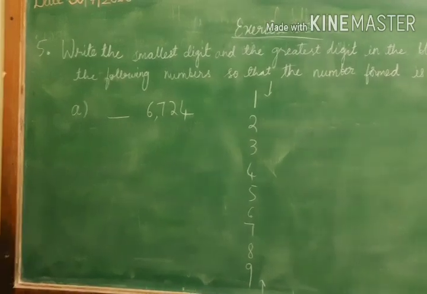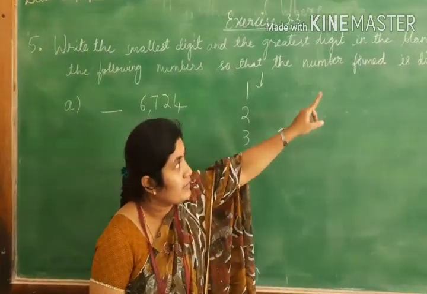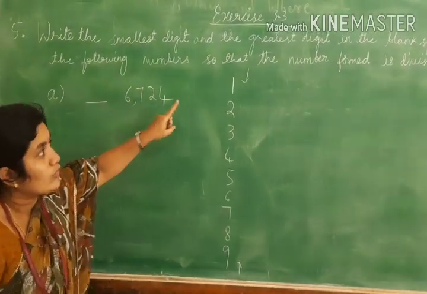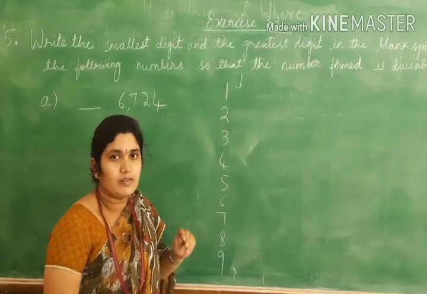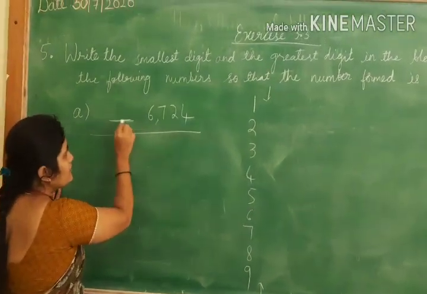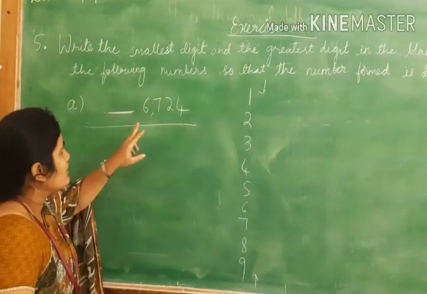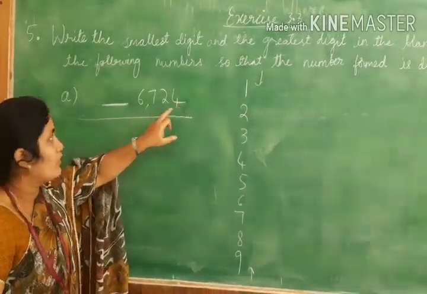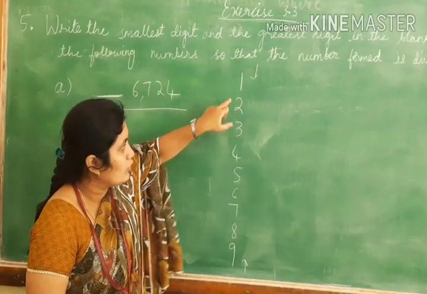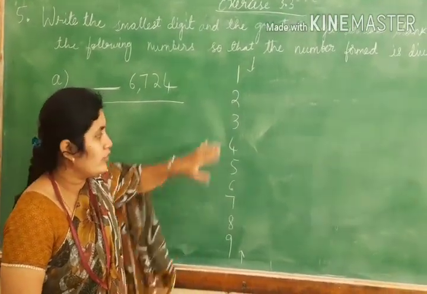Now let us move on to the fifth bit. Write the smallest digit and the greatest digit in the blank space of each of the following numbers so that the number formed is divisible by 3. As you can see here, a number is given where the highest place value is empty. 6074 is given already, but here we should fill in any of the digits from 1 to 9.